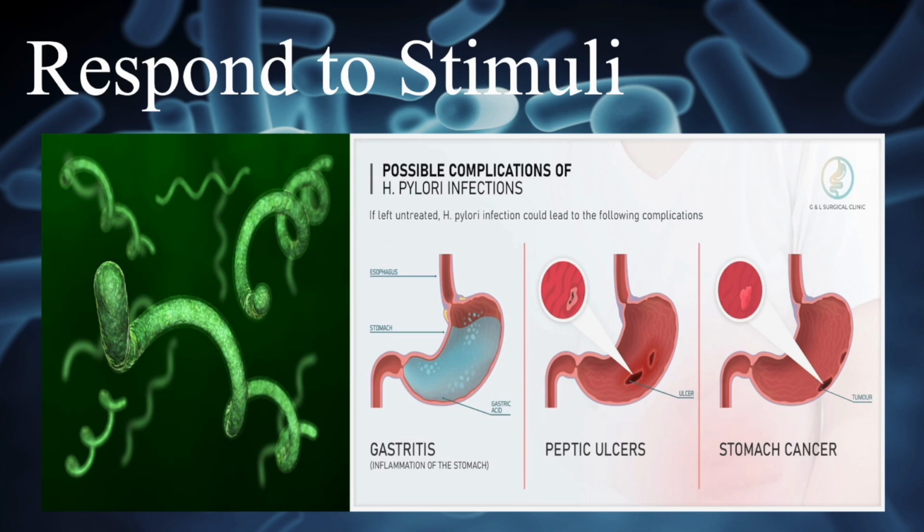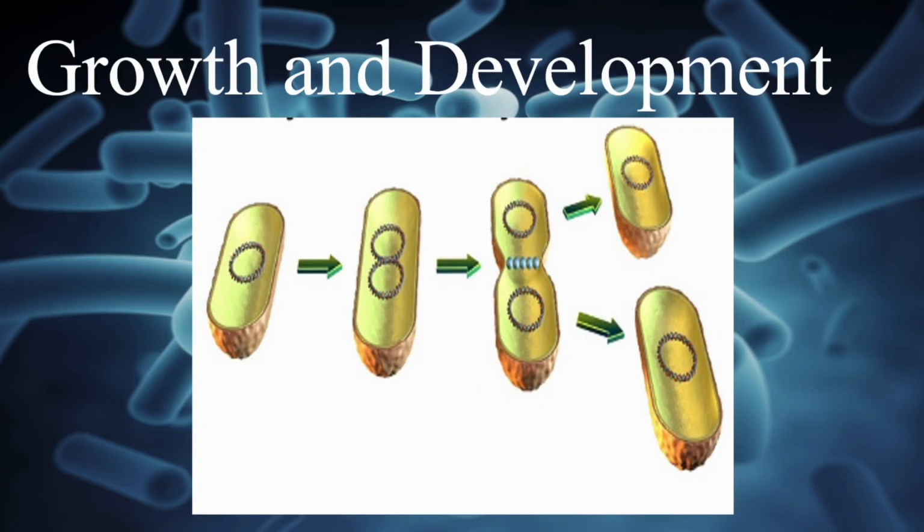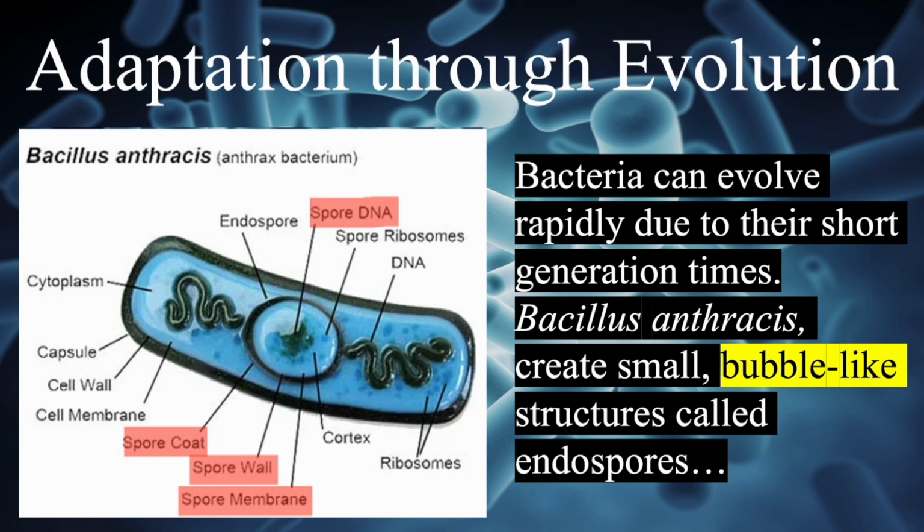For instance, as we saw earlier, Helicobacter pylori alters its expression of genes in response to the acidic environment of the human stomach. While individual bacterial cells don't develop like multicellular organisms, they do grow in size before dividing. Now, adaptation through evolution. Bacteria can evolve rapidly due to their short generation times.